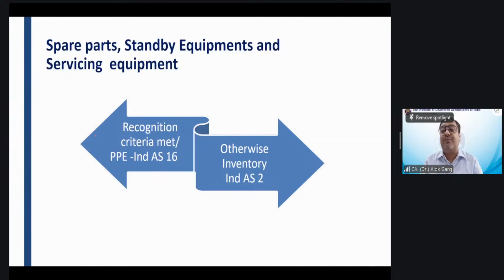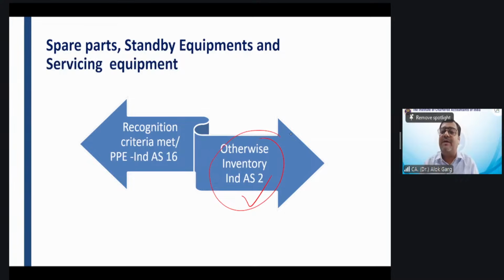Future economic benefit is probable, yes. If that spare part is not installed, the machine will not be able to run for production. But whether it is meeting the definition of PPE: tangible item, yes. Held for use in production, yes. Whether life is more than 1 year, no. So it has to be recognized as an inventory.